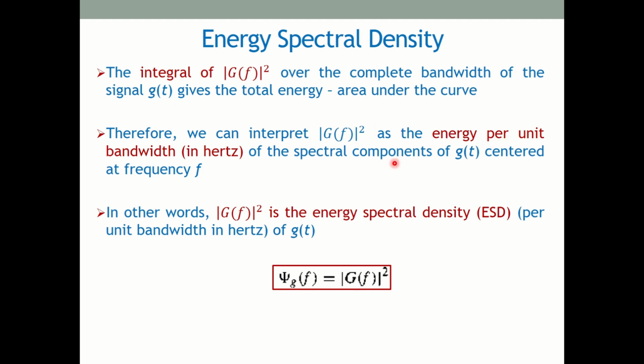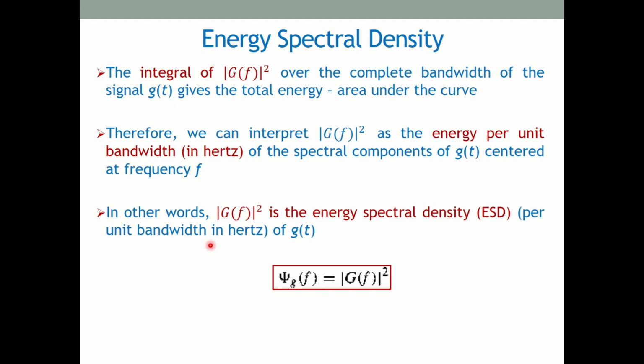It's the energy per unit bandwidth in hertz of the spectral components of g(t) that are centered at frequency f. So in other words, the magnitude square of G(f) is simply the ESD, or the energy spectral density.